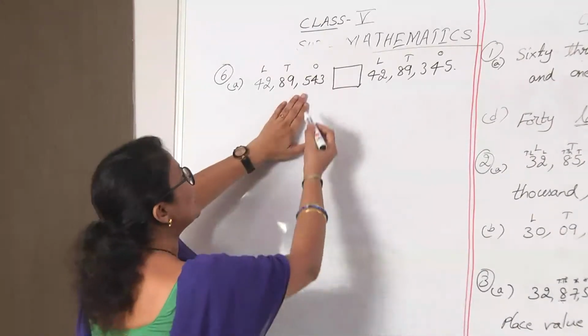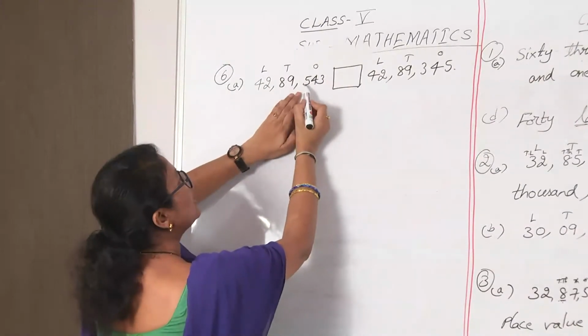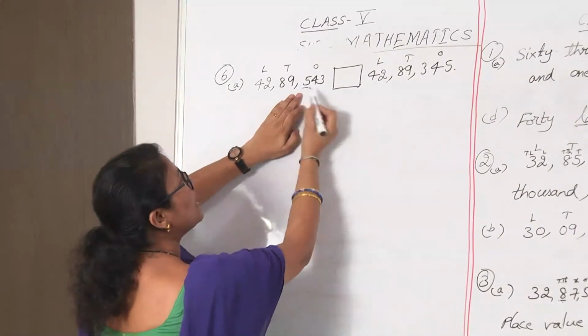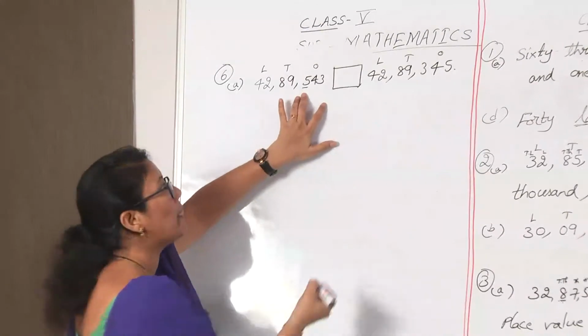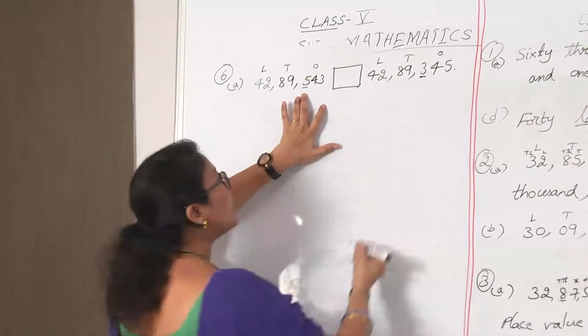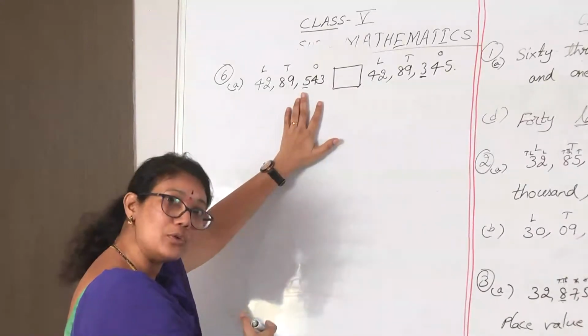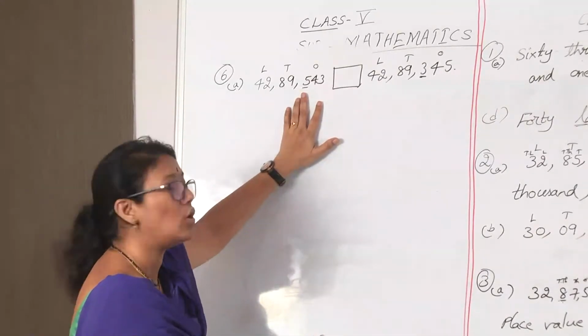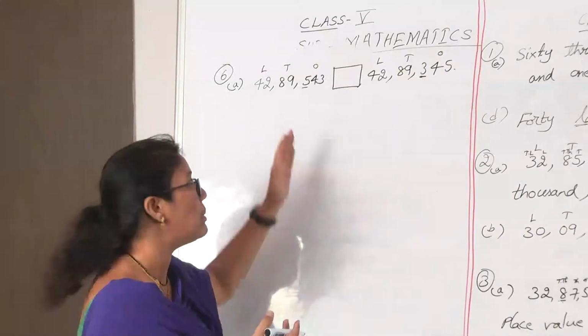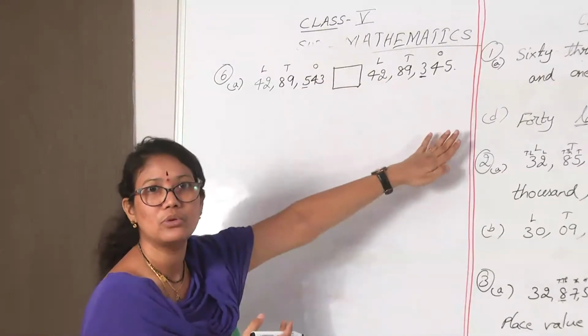Now moving on to the ones period. Here under the ones period you see what the hundreds place digit is. It is 5. Here it is 3. Always while comparing, compare the first number with respect to the second number.